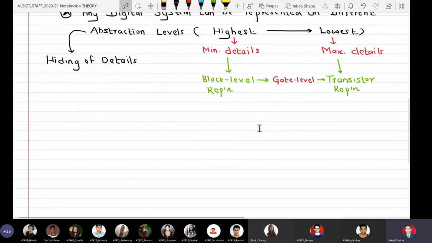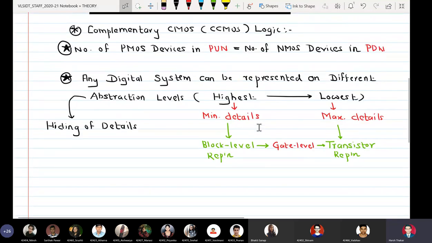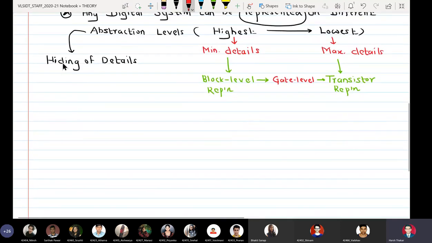This representation is called a schematic. That is why we have block level schematic representation, gate level schematic representation, and transistor level schematic representation.